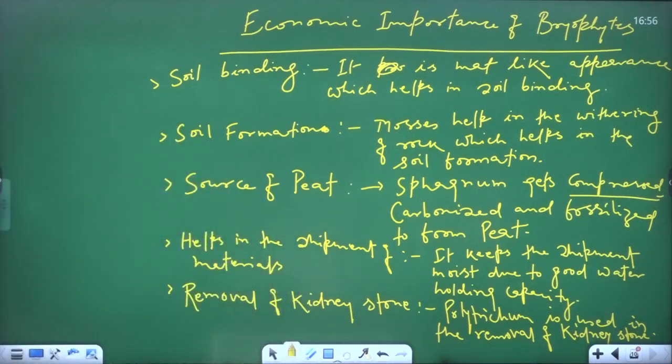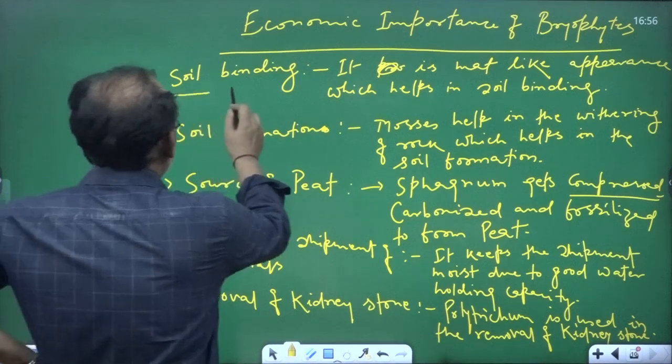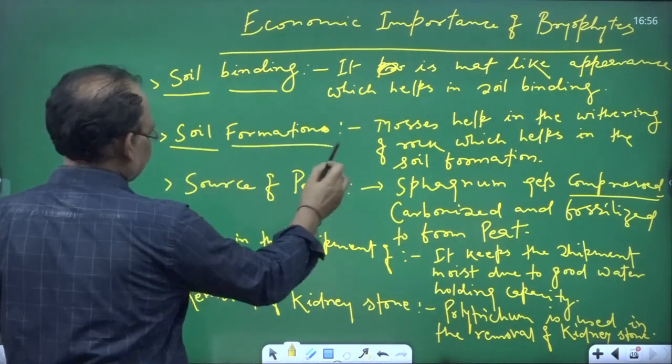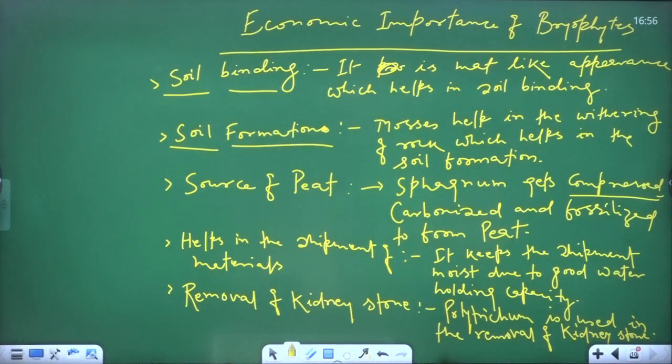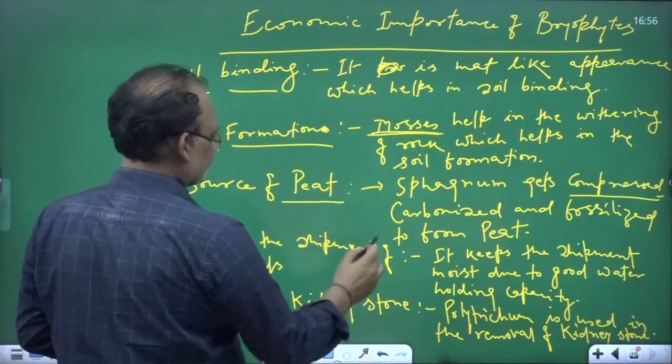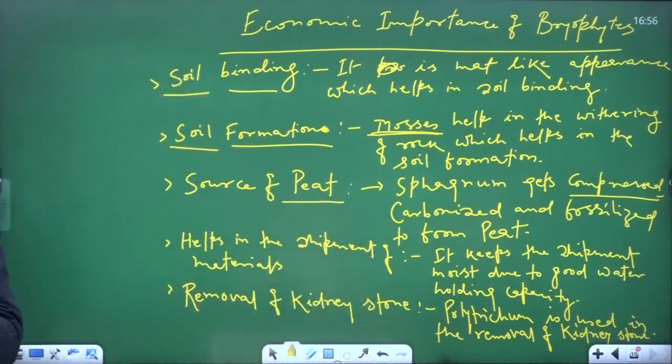Soil binding, number one: it helps in the binding of soil due to its mat-like appearance, particularly some mosses. Then soil formation: it helps in the weathering of rock, the mosses play a role. Source of peat: the mosses get compressed, carbonized and fossilized, and later form peat.